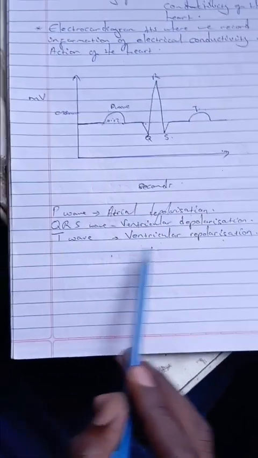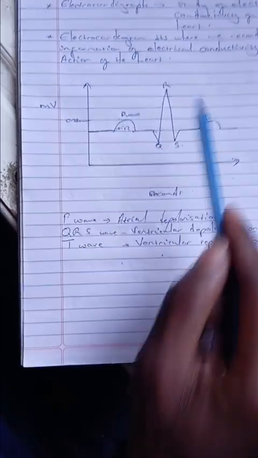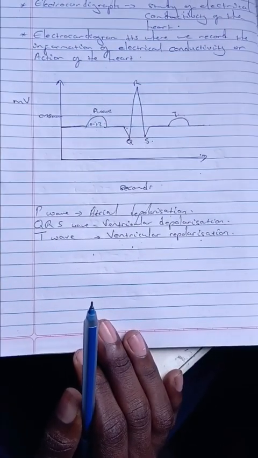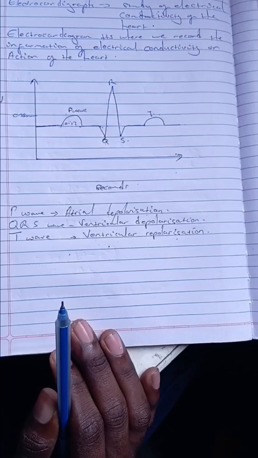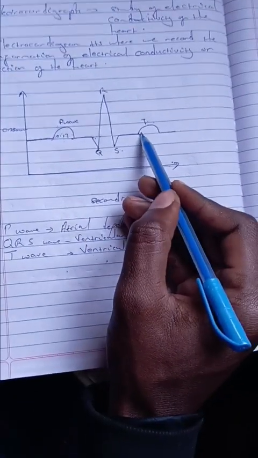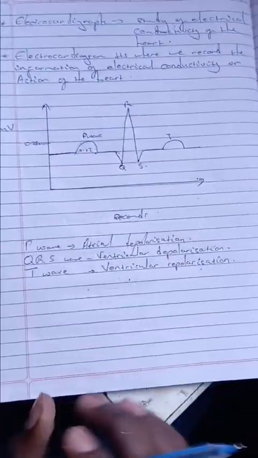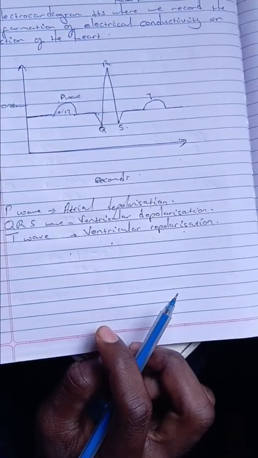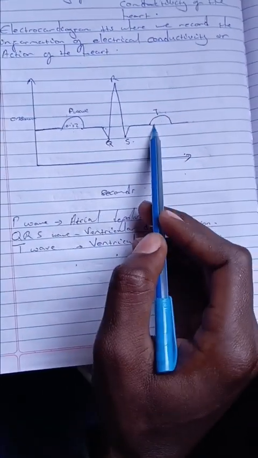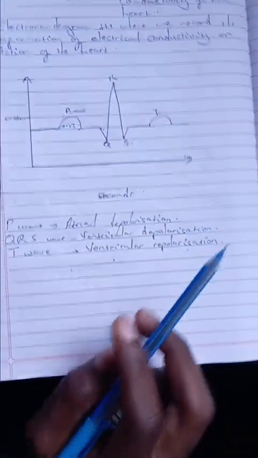The action potential is returning back to its normal at this wave, which is T wave. A change in the shape of the T wave signifies an abnormality, sometimes due to hyperkalemia, due to damage of other muscles of the heart.